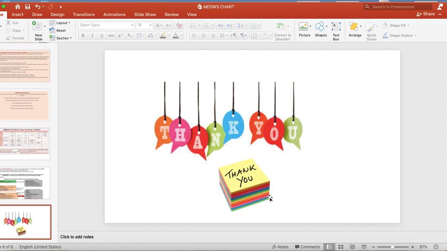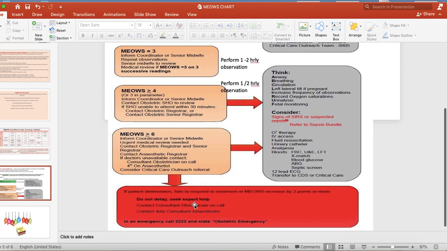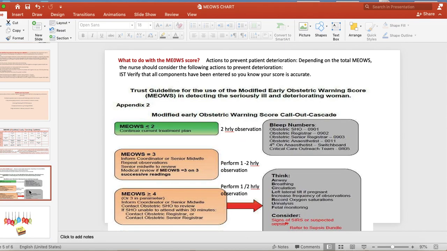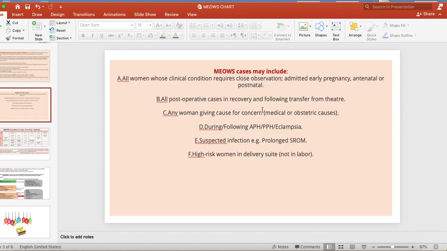So this is the MUSE chart, the MUSE obstetric chart. You will apply this MUSE chart in your cases who need monitoring, like in APH, PPH, eclamptic, septic patients, all the post-operative cases, all the ectopic pregnancy cases, and the laboring patients who are serious.